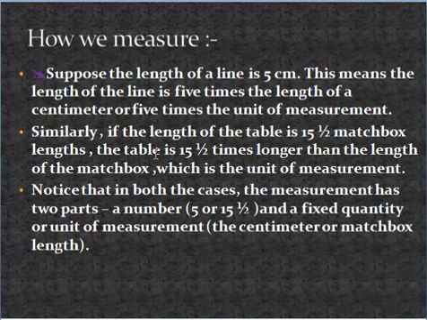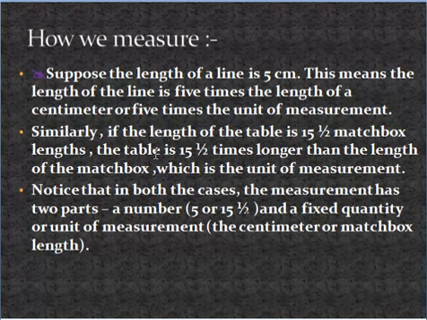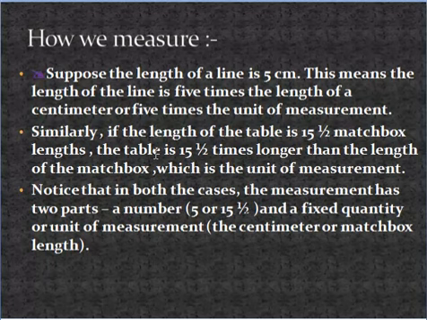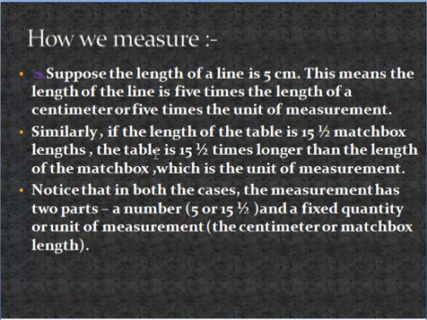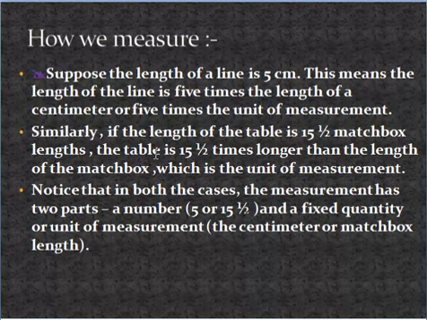Notice that in both the cases the measurement has two parts, as I have explained earlier. The measurement has two parts, a number and a fixed quantity, which is the unit of measurement, meaning the centimeter or a matchbox.